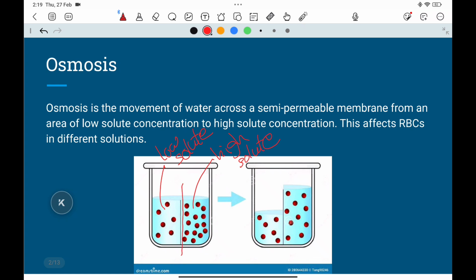Between them is the semi-permeable membrane. After some time, the water will move from the low concentrated solution to the high concentrated solution, so that their concentrations will be equal. So this is osmosis.